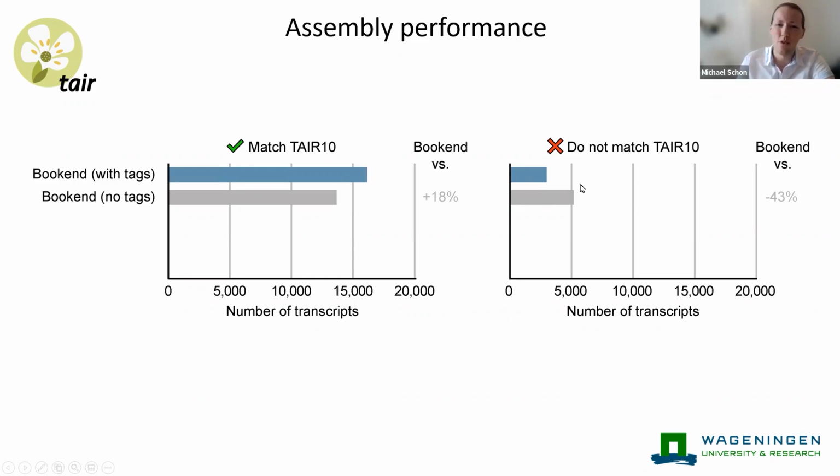So merely including evidence of where RNA starts and ends allowed me to not construct 43% of the non-matching transcripts. These are transcripts that have no analog in the reference. And so in this case, I'm assuming that these are artifacts, falsely assembled transcripts.